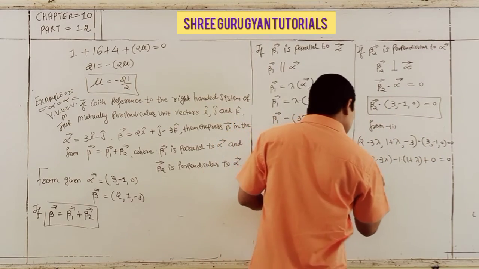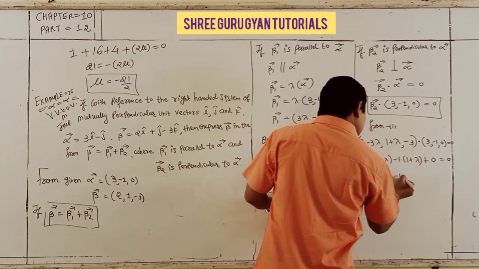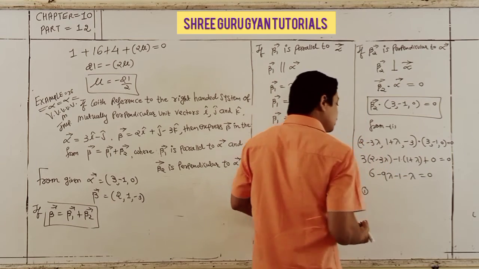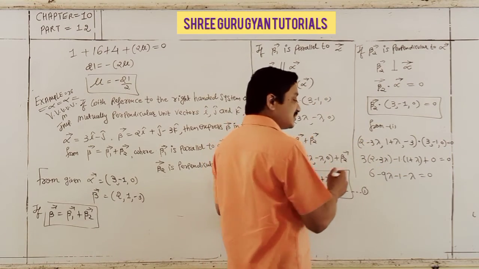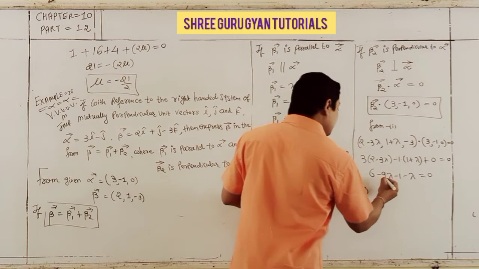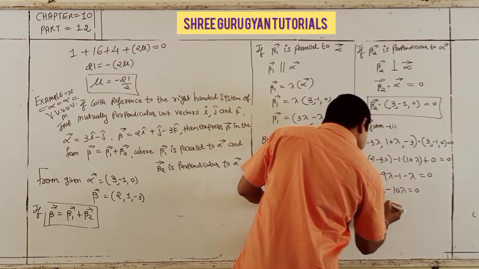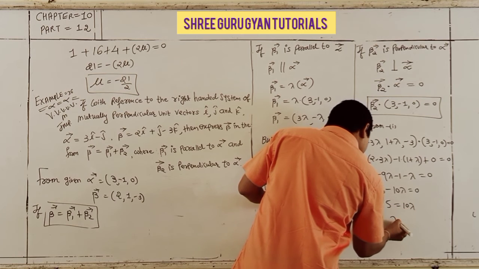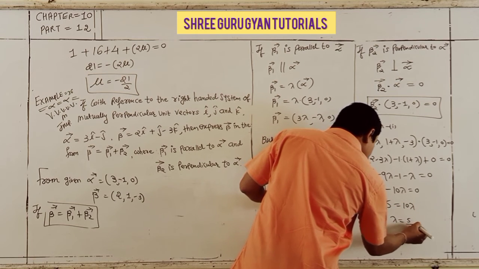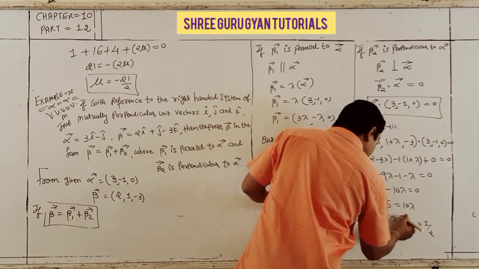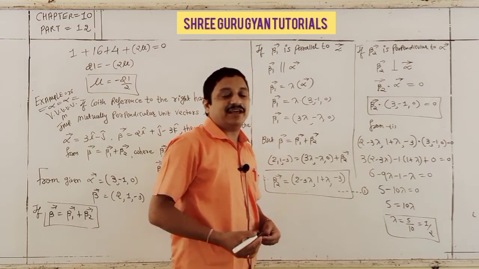So here, students, 6 minus 9 lambda, minus 1 minus lambda. So total 6 minus 1 is 5, and that becomes minus 10 lambda. It means 5 is equal to 10 lambda. Lambda becomes 5 by 10, which is half. This is the only constant I will define here.